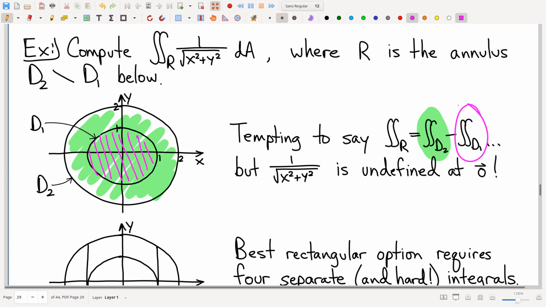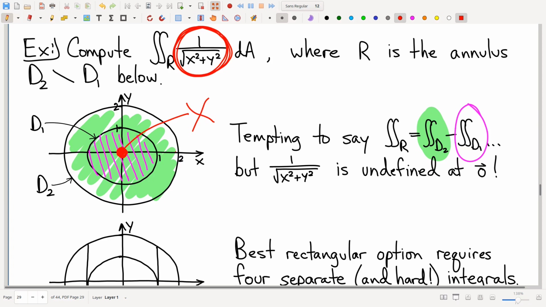This is all nonsense. And the reason why is that if you look at your integrand here, you know what, I will use a pencil for this. Your integrand is undefined at the origin. Completely undefined at the origin.